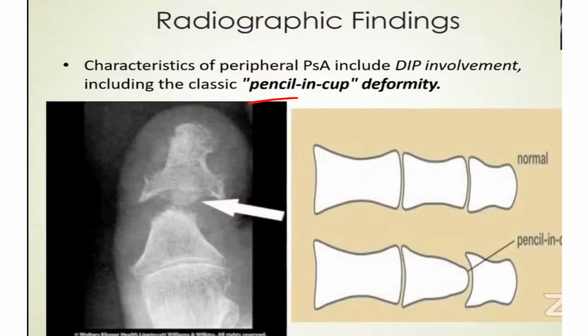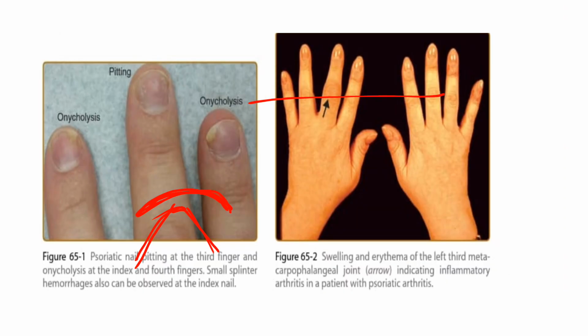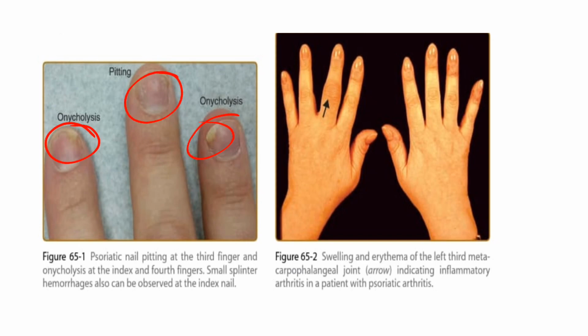It is a pencil-in-cup deformity, where this is a splaying of the base of the distal phalanx, and this is a thinning of the proximal phalanx. Onycholysis, nail pitting, and this is also onycholysis.